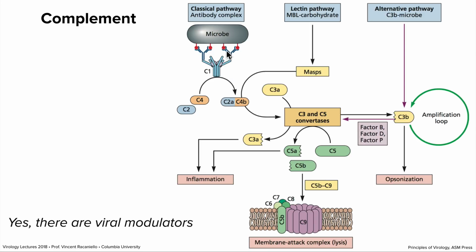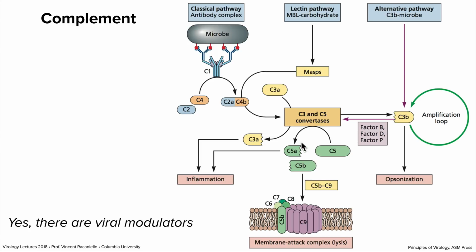And if these antibodies bound to a microbe are detected by C1, it catalyzes a series of processing events which lead to the production of proteins that can cause inflammation, proteins that can cause opsonization. This microbe could then be taken up by a macrophage and digested inside the macrophage. That's called opsonization.